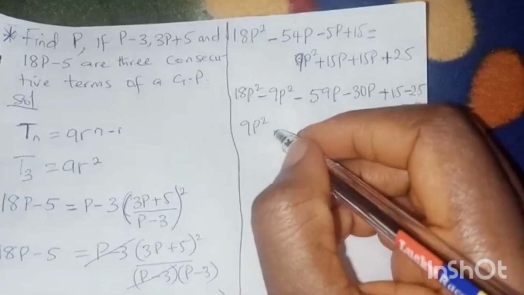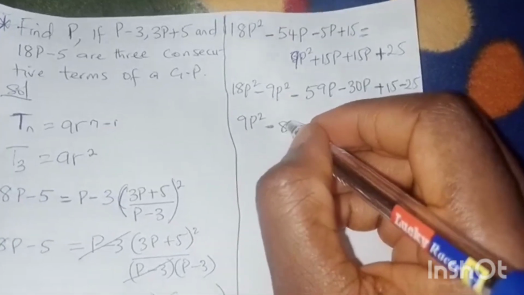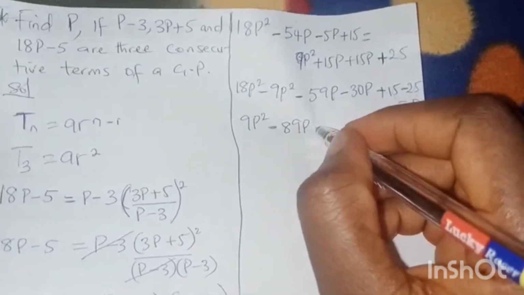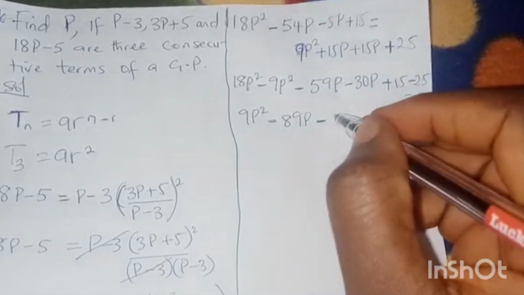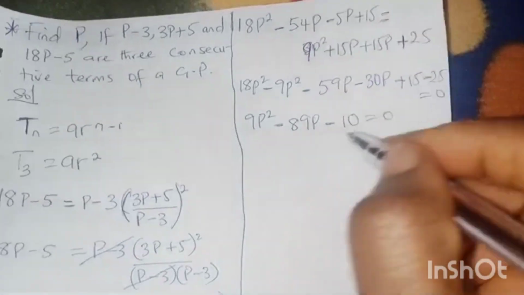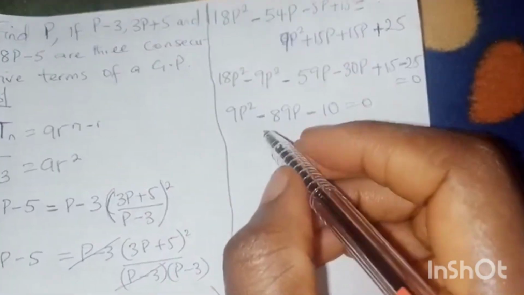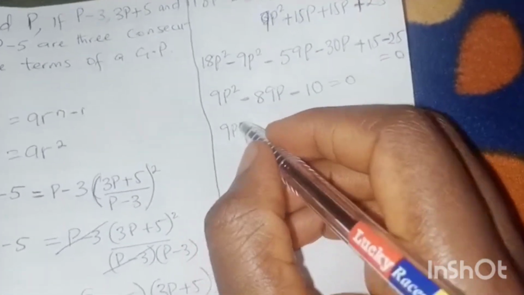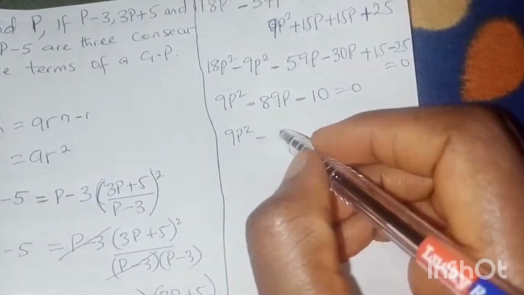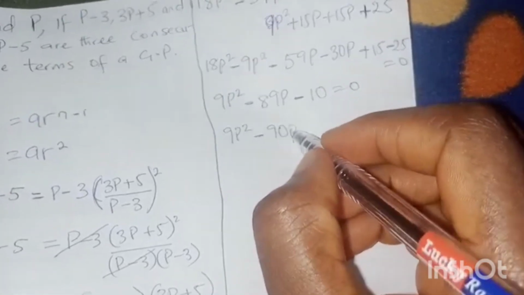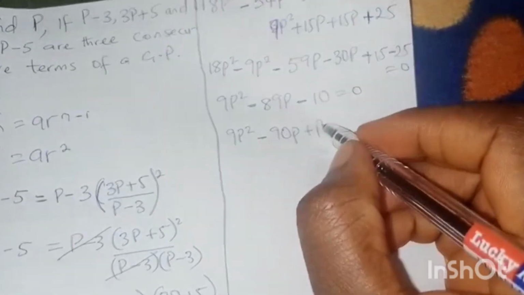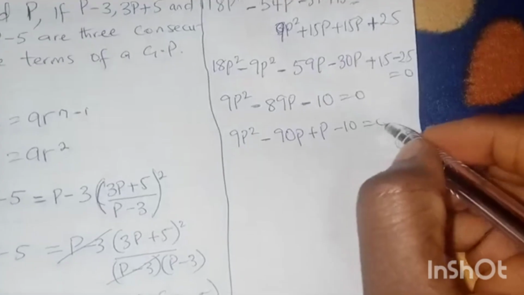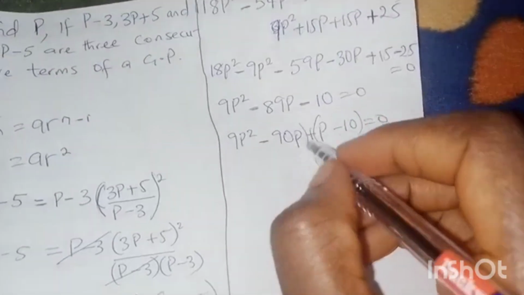That's the reason for the change in sign. Where you see plus, it's changing to minus because we are collecting like terms. Now after collecting the like terms, we subtract them, and then we have our 9p squared minus 89p minus 10 equals 0. If you watch this equation, it's more like a quadratic equation.